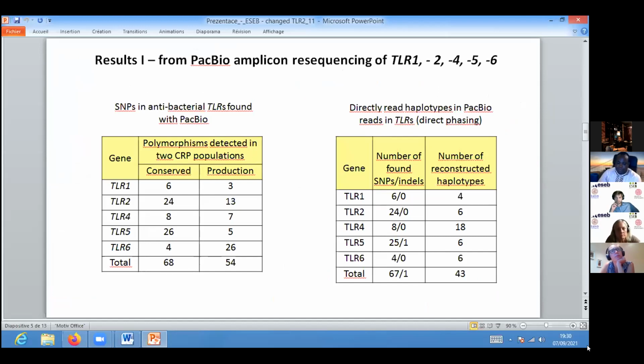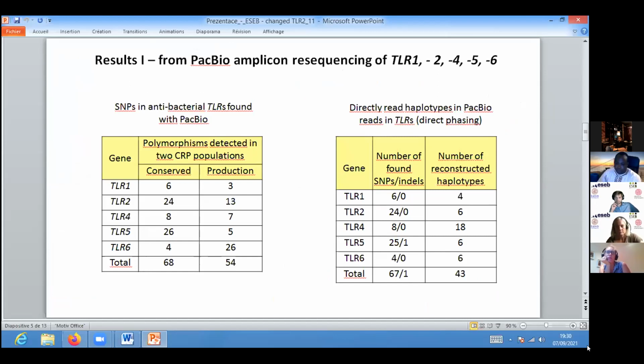The SNPs present in the population were established within the range of the designed Pacific Biosciences amplicon, especially in TLR2.